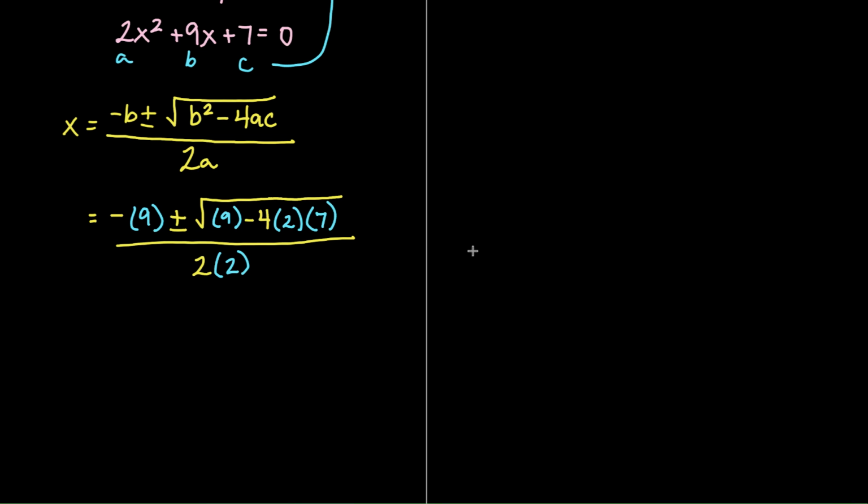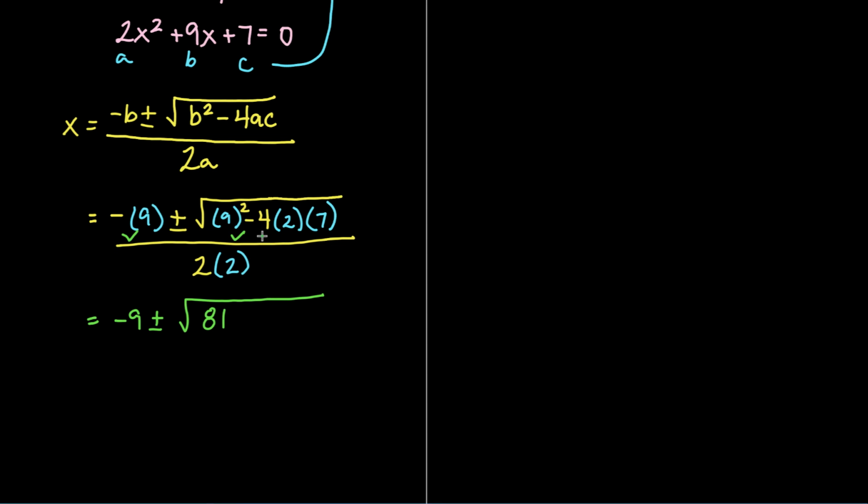So negative 9 plus or minus, oh, I forgot the squared there. You see how it says squared? I have to put the squared there. Okay. So negative 9 plus or minus the square root. 9 squared is 81 minus 4 times 2 times 7.